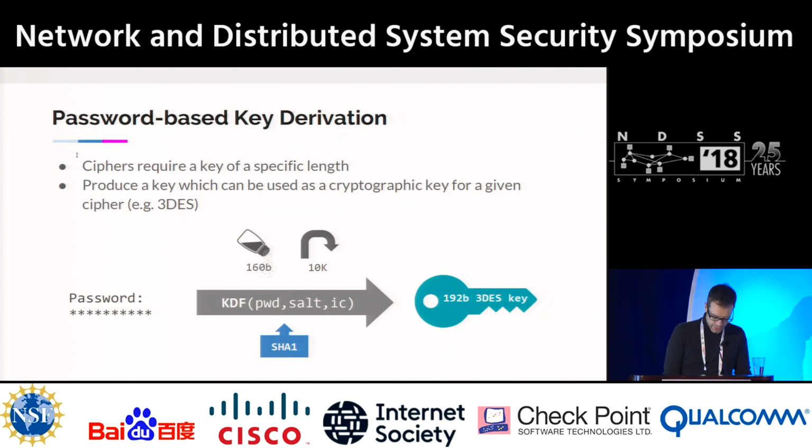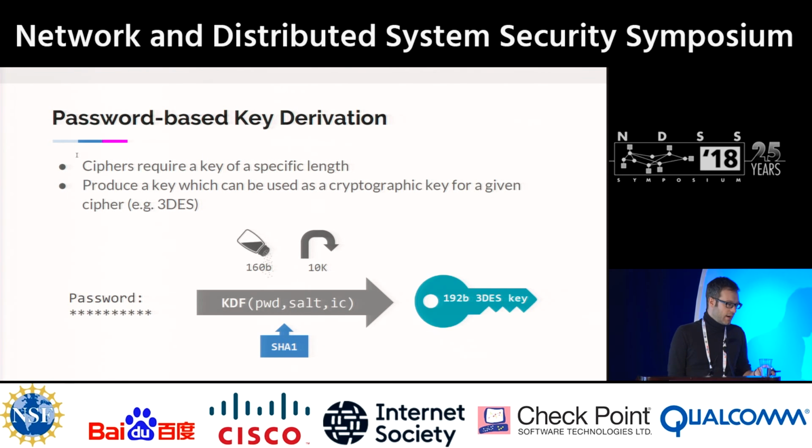I said protected by a password. What does it mean? Of course, it means providing some kind of crypto on top of a password. And to do so, we use a KDF. So a KDF is a key derivation function used to derive a cryptographic key out of a password. And a KDF accepts some parameters.